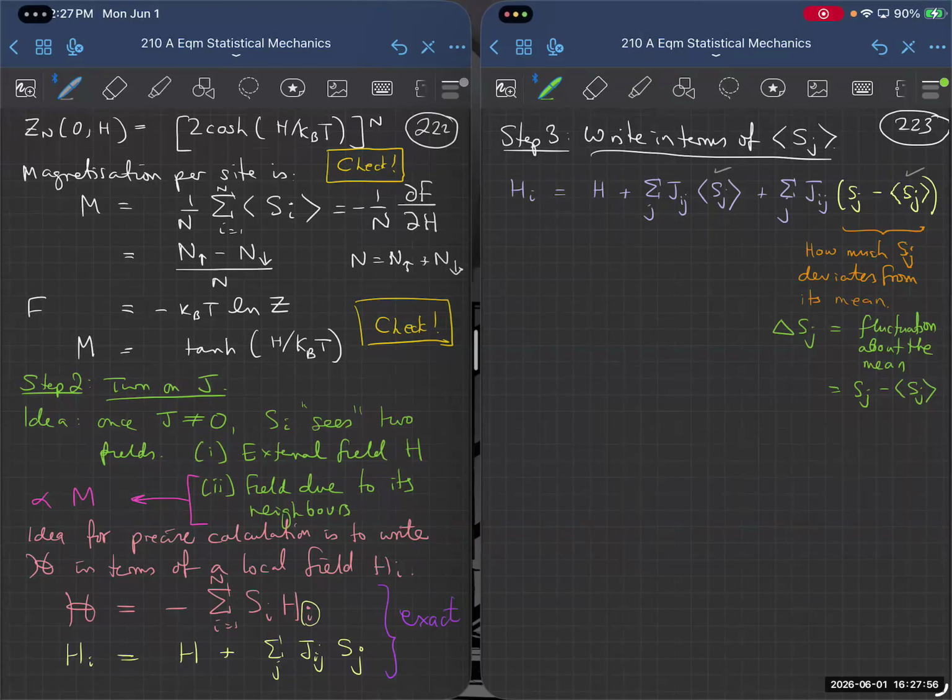And this term over here is the constant external field. And this term over here is the mean field due to the other spins. And it's the mean field because it has the expectation value of Sj in there instead of the actual value.